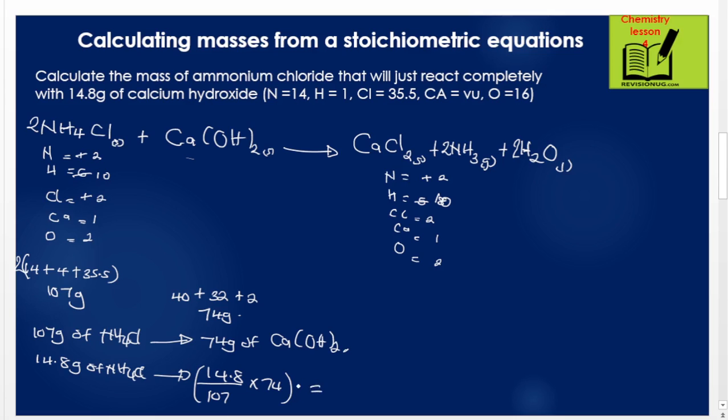So we are going to have 14.8 divided by 107, right, is equal to, then multiply it by 74. So what is the answer? We only get 10.23 grams of calcium hydroxide.